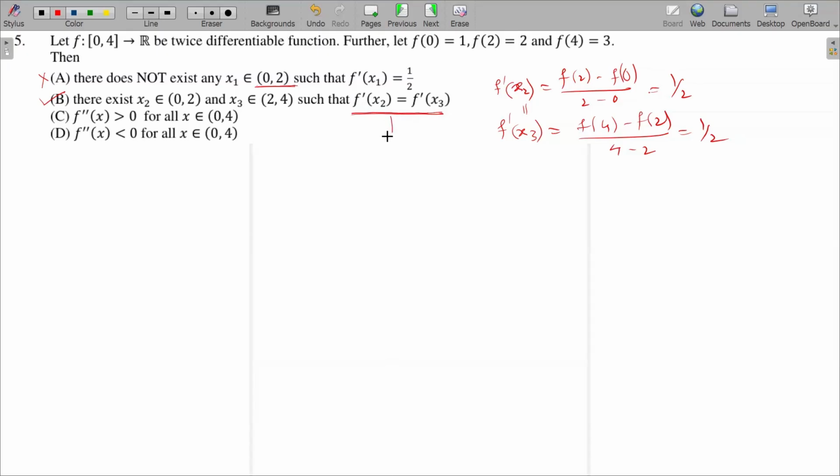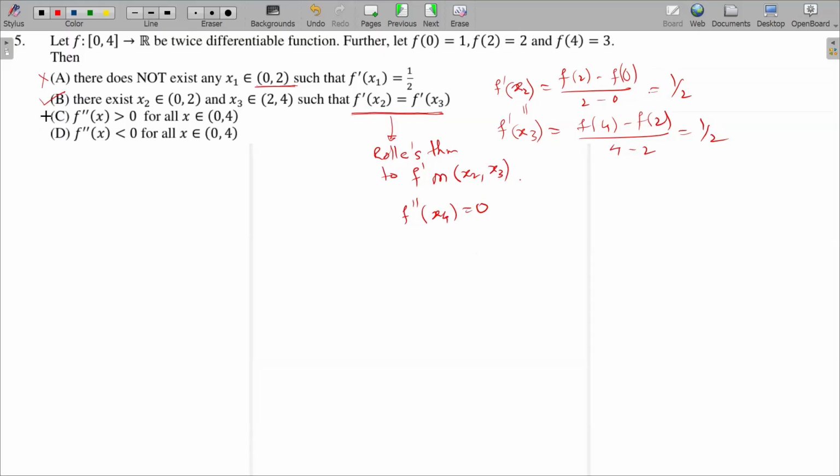In fact, to be very precise, what I can do is apply Rolle's theorem to f dash on x2 to x3. If I apply it, what do I get? There is some x4 such that the derivative of f dash, that is f double dash at x4, is 0 by Rolle's theorem.